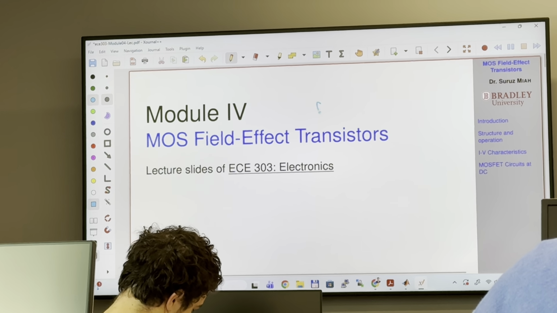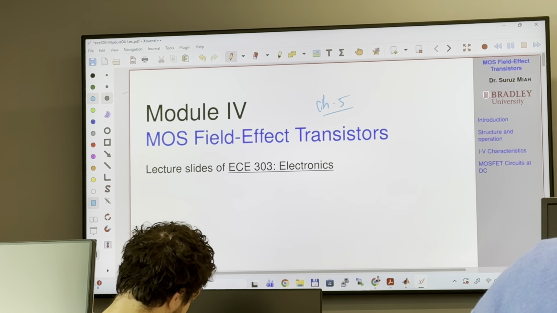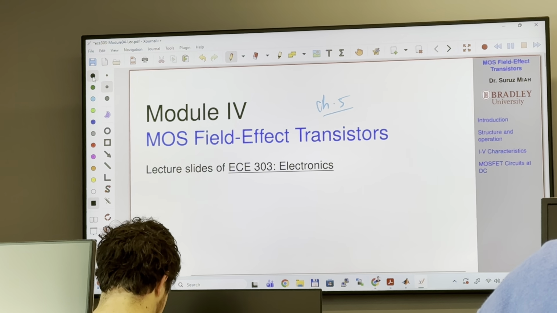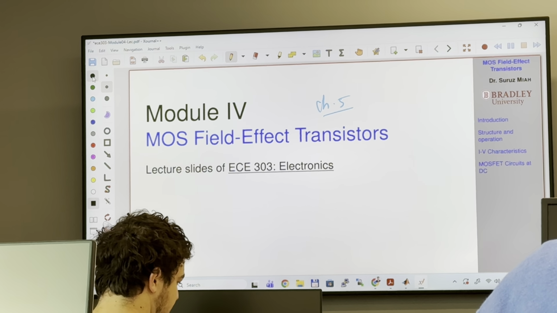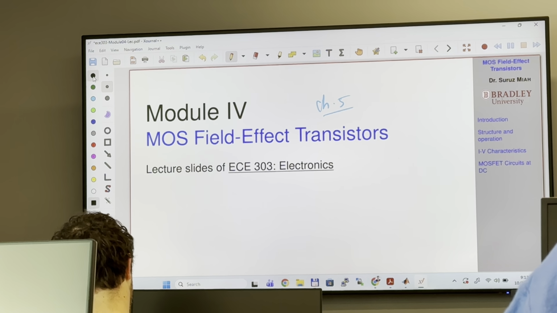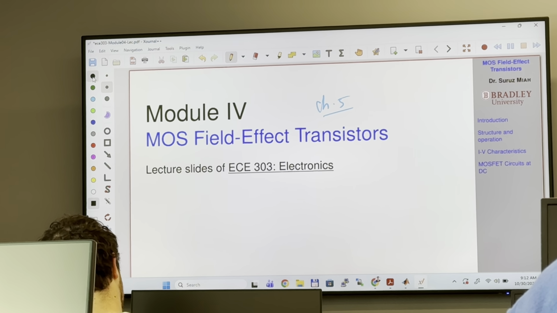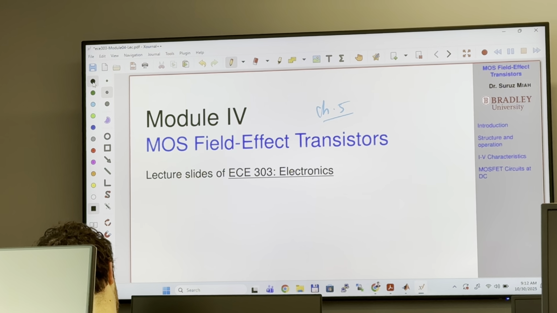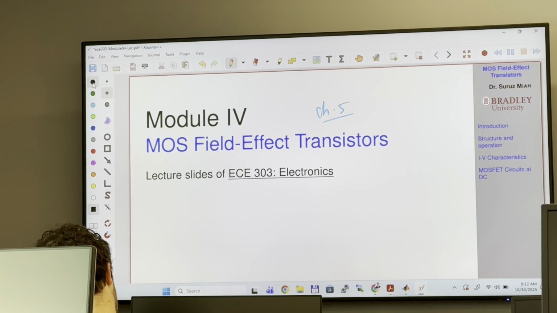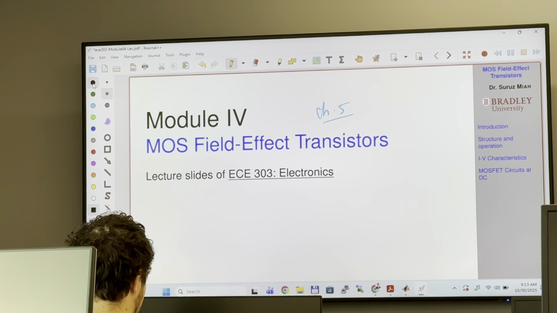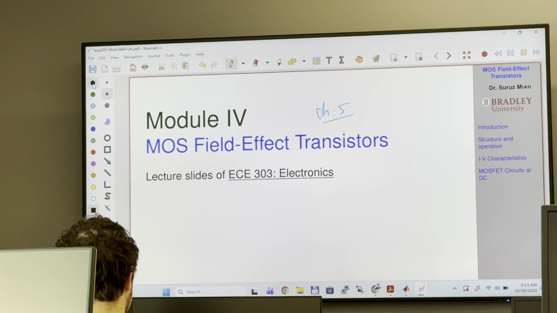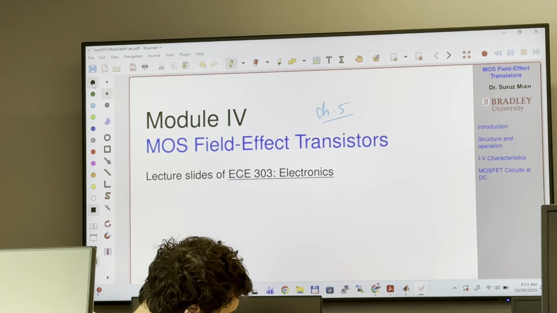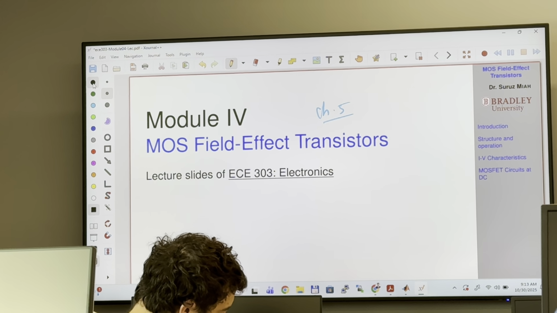This is basically chapter 5 of our textbook, and I plan on finishing with chapter 2 in one lecture. And one lecture for BJT, which is chapter 6, and then we will be spending the rest of the semester, the rest of the lectures, on chapter 7, which is amplifiers, how to build the amplifier using MOSFET and BJT.